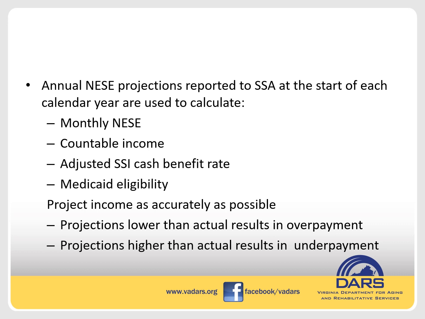You can go back and request that Social Security reconfigure the SSI check on a monthly basis, and Social Security might actually owe the client money. So just keep that in mind, that if the projection on the 820 form is too high, then there could be an underpayment, but if it's too low, there could be an overpayment, okay?